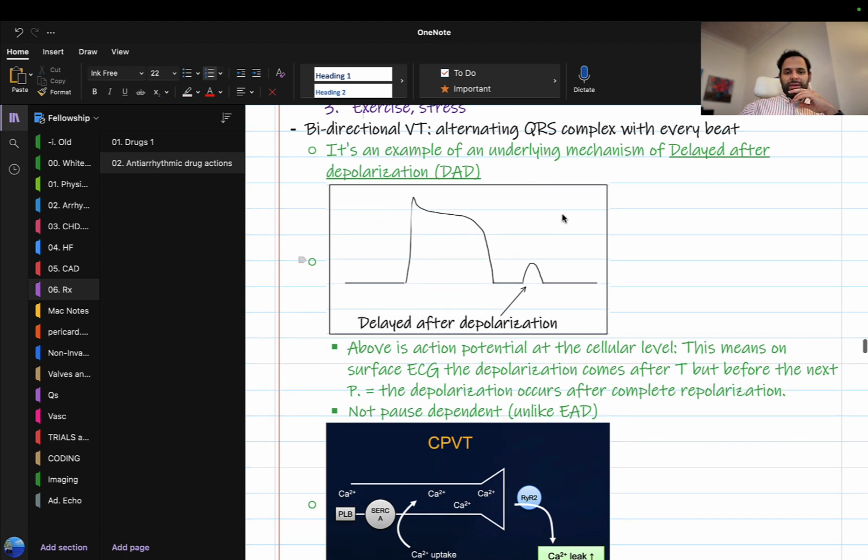This means the surface ECG, in comparison. The action potential is on the cellular level. On the surface ECG, the depolarization comes after the T wave, but before the next T wave. So it's not going to overlie the T like we saw in the torsades de pointes earlier.